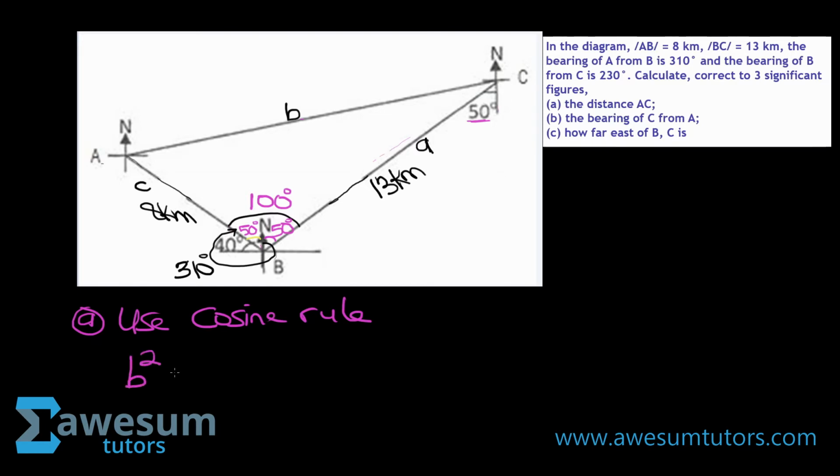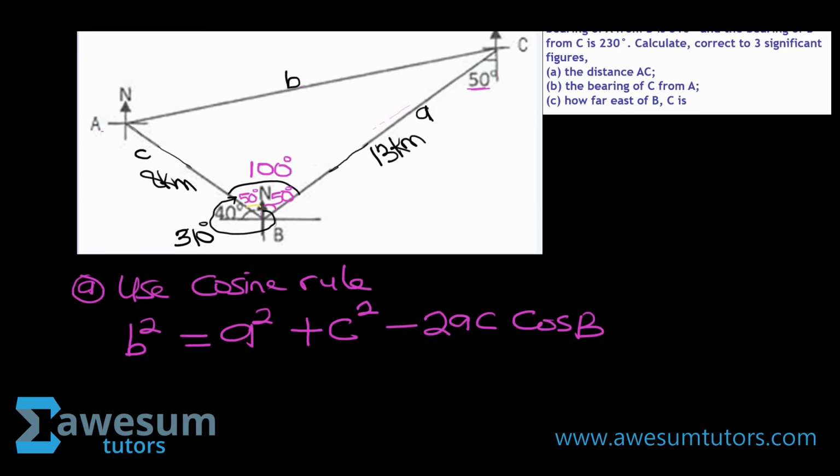I will say B squared equals A squared plus C squared minus 2AC cos B, that's cosine B. Now how do we go about that right now? So what is my side A? Side A is this right here, 13.